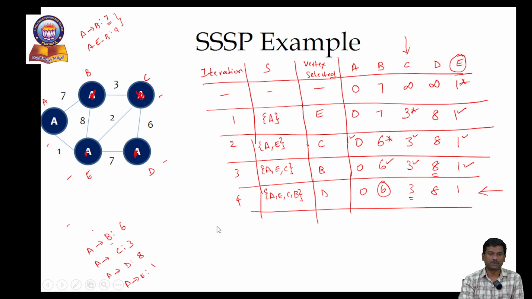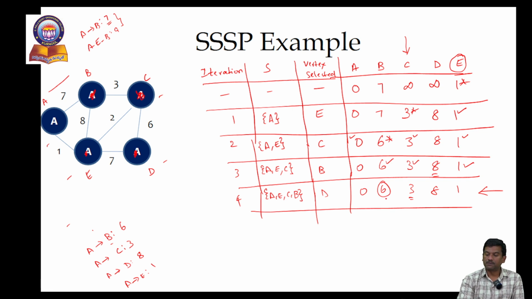We can also cross-verify the same thing. That is A to B, that is already we have, here you can observe A to B is equal to 7. And what is the new updated value? That is from A through E, that is 1 plus 2 plus 3.